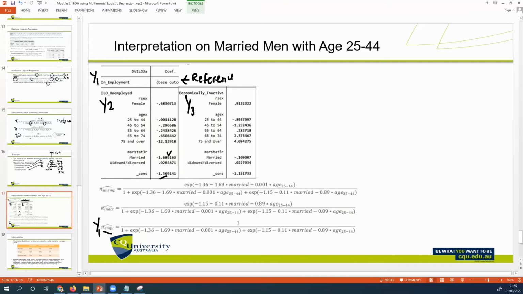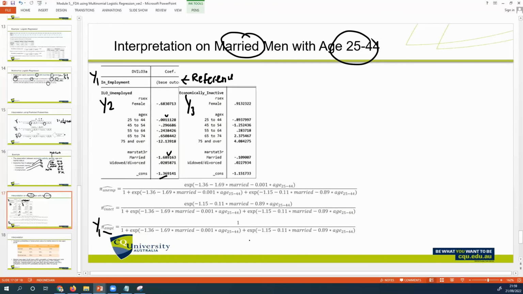This is the interpretation for married men with the age of 25 to 44.